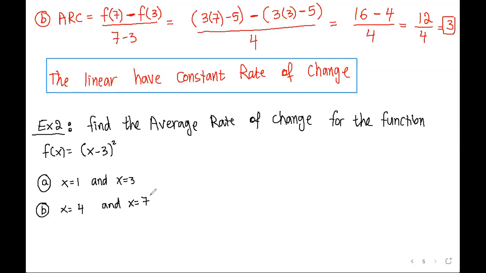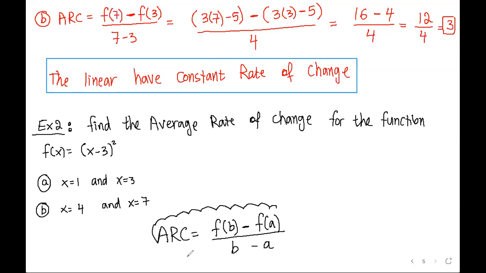Who will do the first one? By using the formula. Again, the formula is average rate of change equal f of b minus f of a over b minus a. This is called the net change.